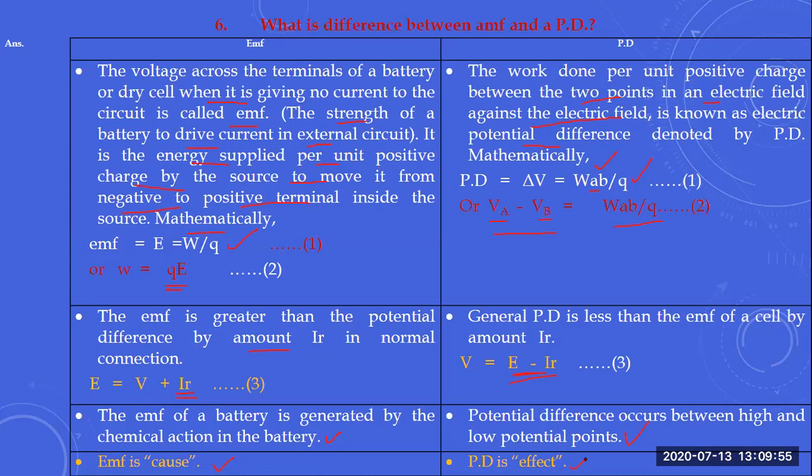It is moving up and down. One is the cause, the other is the effect. So EMF is the cause, and after getting a cause you observe some effect: the charges move inside the electric circuit when they get some amount of electrical energy from the battery or from the source.